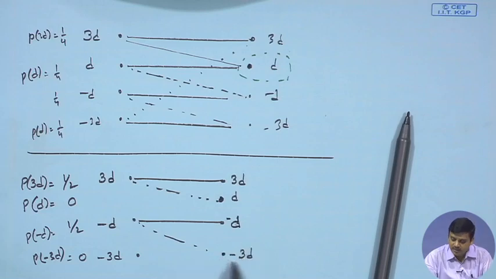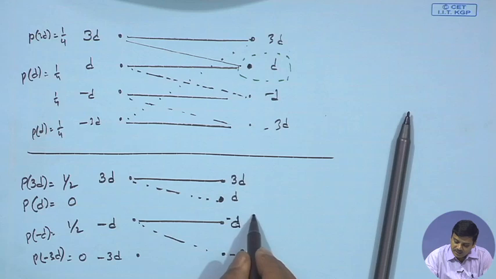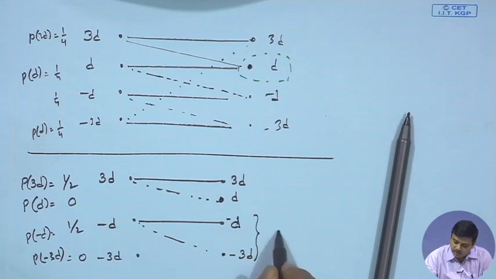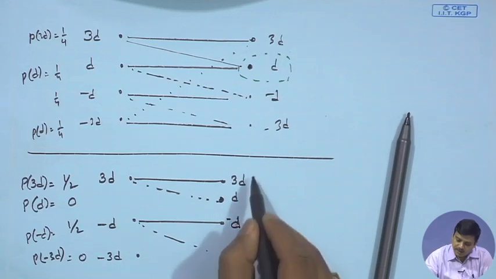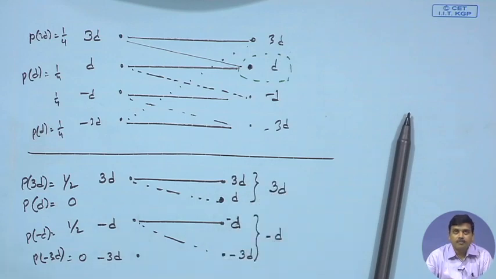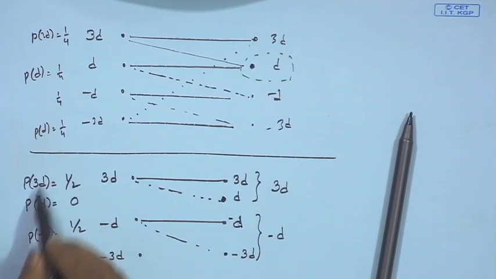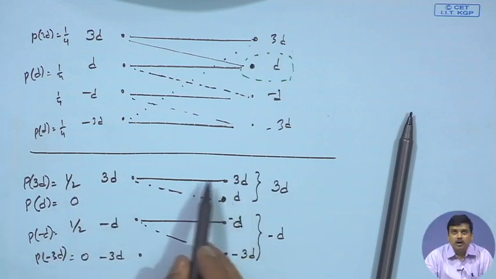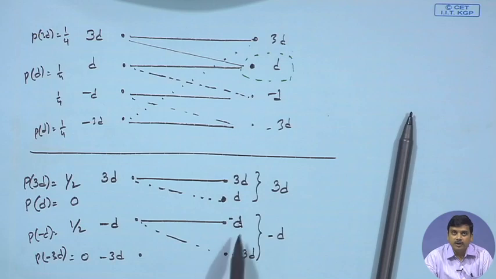So when I receive minus 3D, it is not confused, because it knows that minus D and minus 3D are produced only by minus D, and these two are produced only by 3D. By assigning these probabilities, you avoid any confusion and maximize the mutual information.